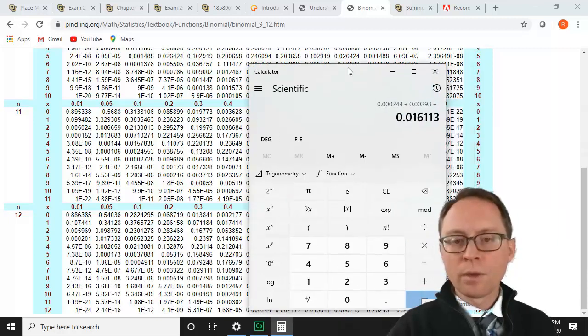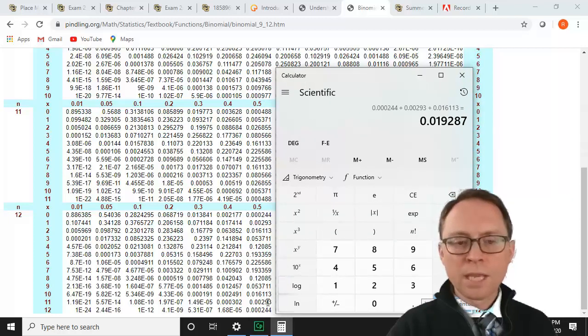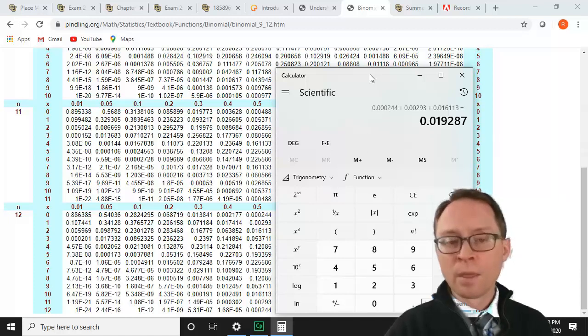And when we do all of those, we get 0.019287. So the probability of 10, 11, or 12 people falling in love when the love potion doesn't work is 0.019287. This is the p-value, by the way. The p-value of 10 or more people is 0.019287.